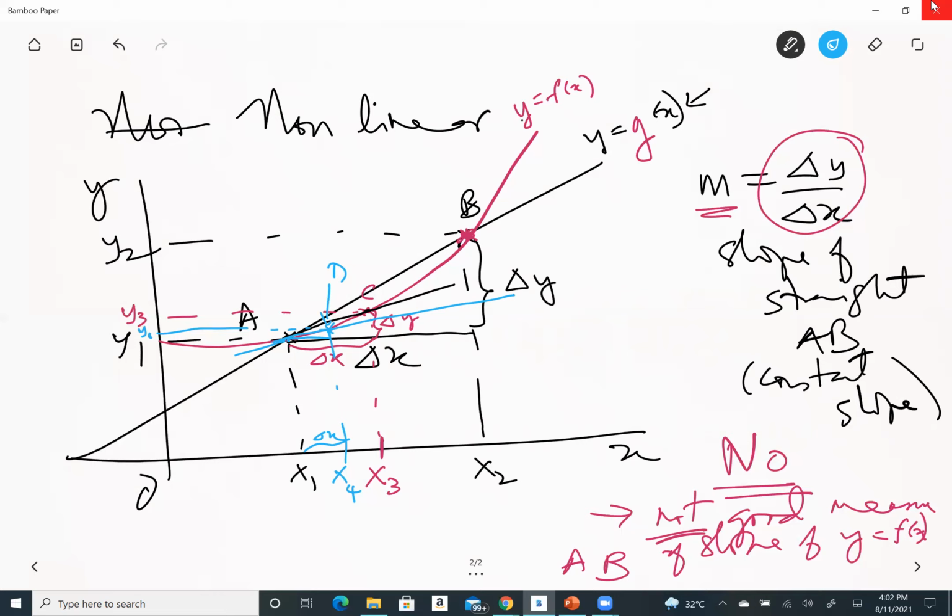What did you say? It becomes smaller, sir. Of course, the gap becomes smaller. That's number 1. Number 2: the straight line relative to the curve. You just observe, just describe what you see.